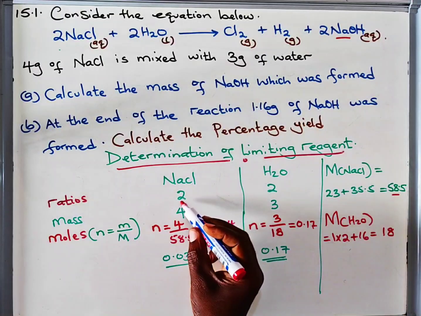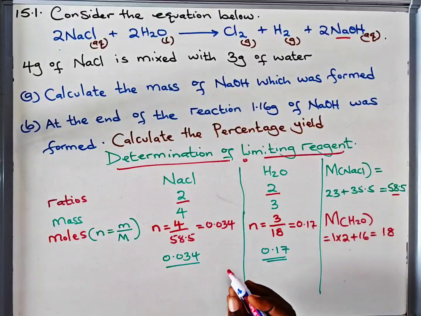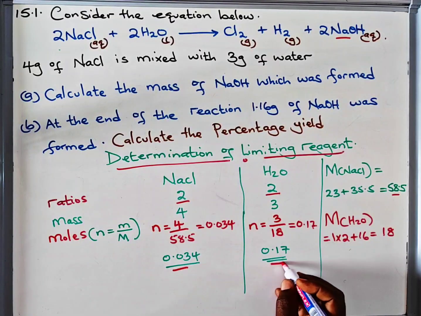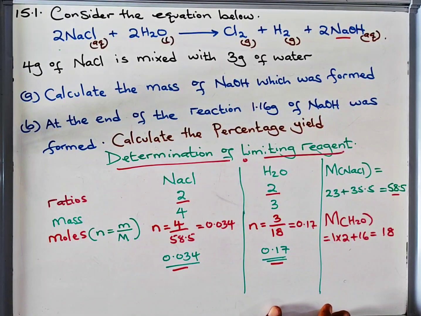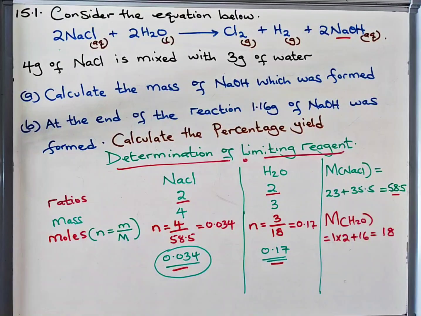Next, you check the ratios. What are they? The ratios are the same. If the ratios are the same, then the number of moles are indicative of the actual number of moles reacting. And the one which is smaller is the limiting reagent. So between the two, it is this one which is smaller.